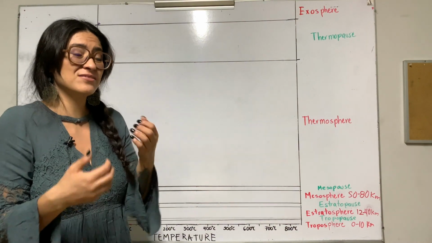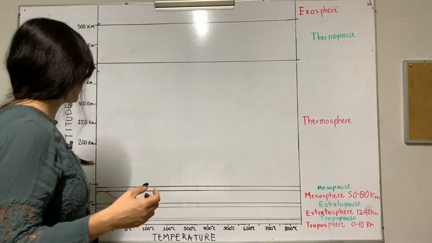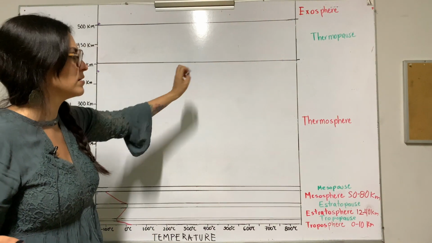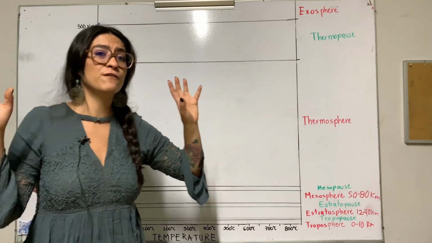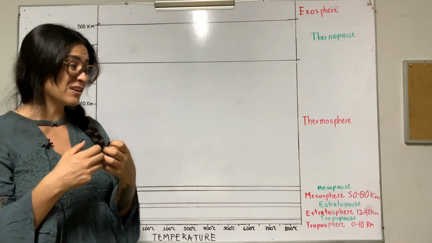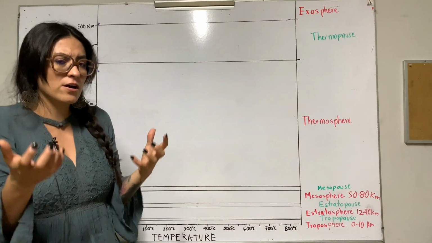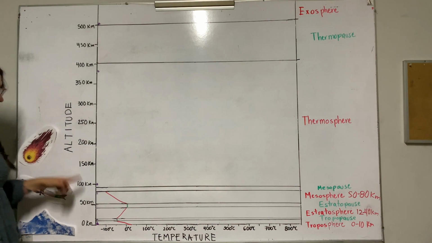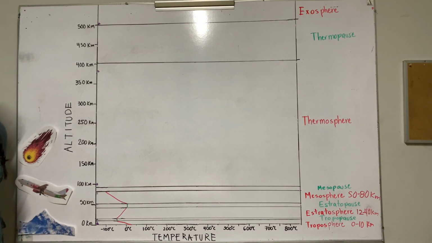And also because of the difference of temperature, because the meteors can pass through the exosphere and the thermosphere and they are kind of fine. But the difference of temperature and the friction, because there is enough air to cause friction with the meteor, is gonna burn up the meteor. So we have to say thanks to this layer that is burning up meteors for us. Not the dinosaurs, because that was a huge meteor, so it failed.